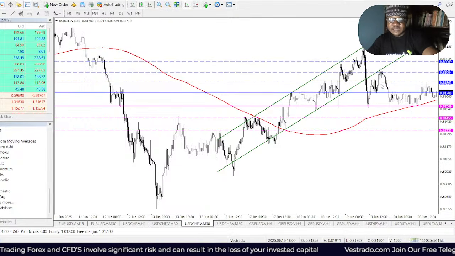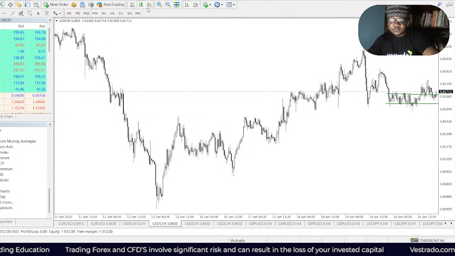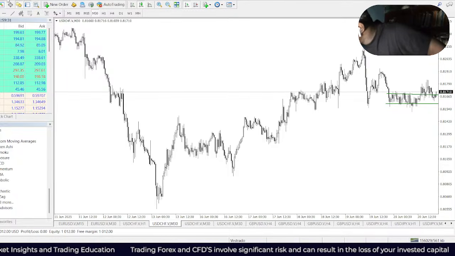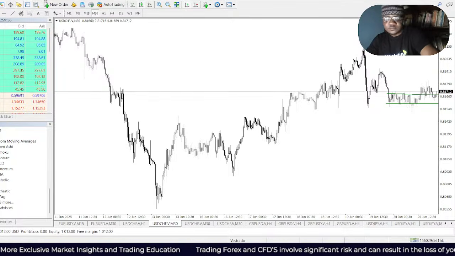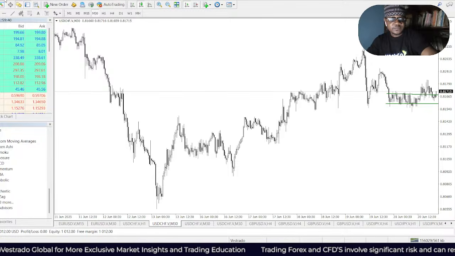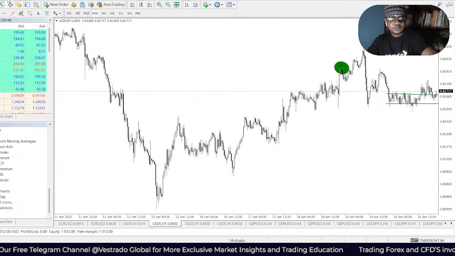It's formed a nice heads and shoulders pattern. Let's see if we can spot that right here. So we see a nice heads and shoulders pattern there. The shoulder into next week.